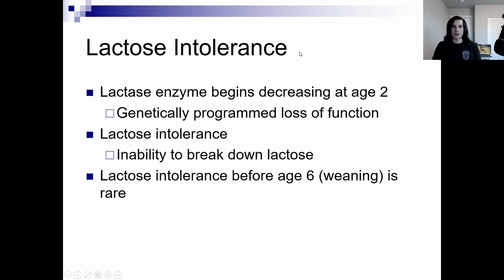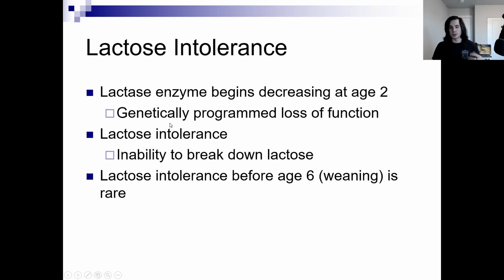When you have lactose intolerance, that means that you've stopped producing this enzyme. The lactase enzyme sadly begins to decrease in production and expression around the age of 2. This is something that's actually been genetically programmed. It's a genetically programmed loss of function. Typically, around the age of 2, little humans begin to become weaned off of their mom's milk.